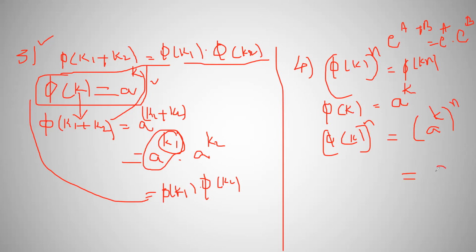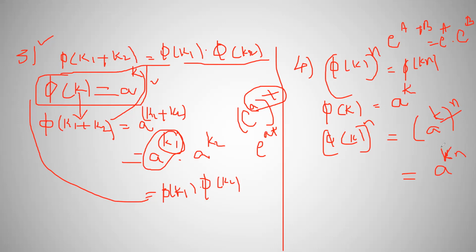So it is A power k into n. This is in the form of e power a whole power t is equal to e power at, the product of a into t. The same applies to the formula of A power k whole power n, which is A power k into n.